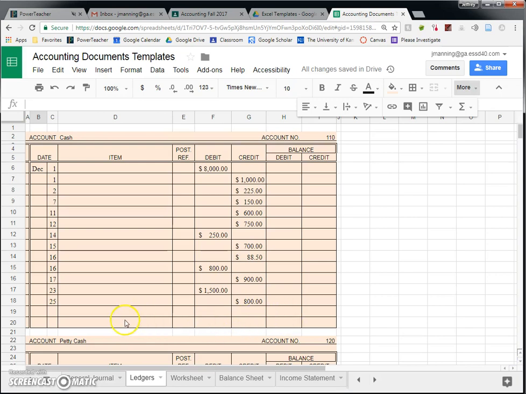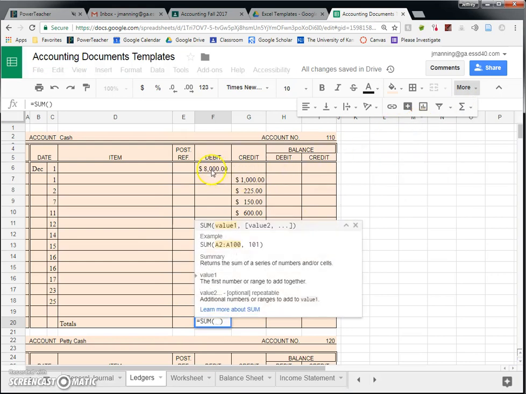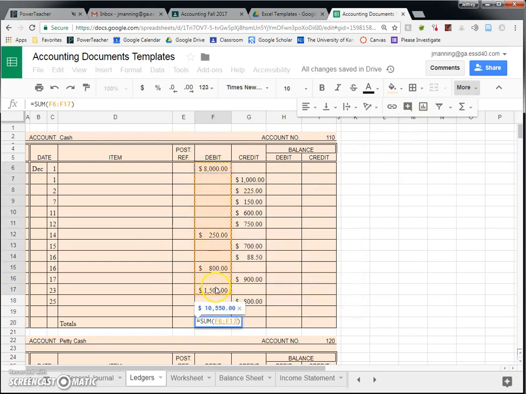So just like I did for the general journal, I'm going to write totals down here on the very last line of my ledger for cash, and I am going to use the sum function, and I'm going to select all of these numbers and go all the way down to the bottom row. Now I know that there is nothing in some of these cells, but you want to include them anyways, because at the moment what we're doing is just setting up an equation that can be used anytime we do a ledger.